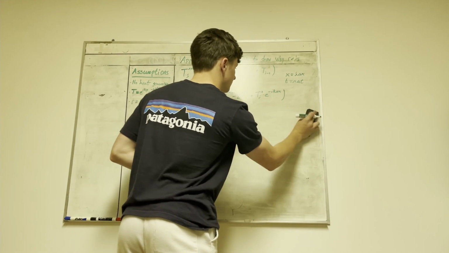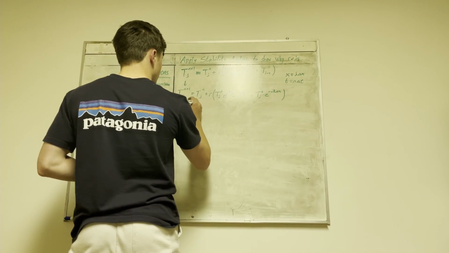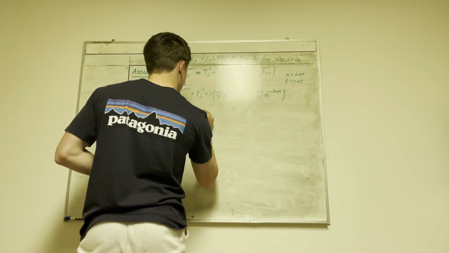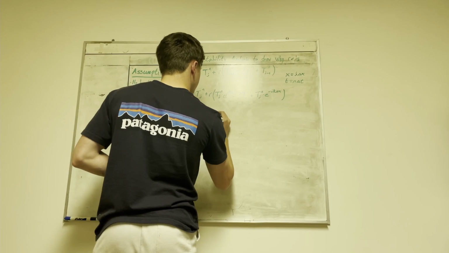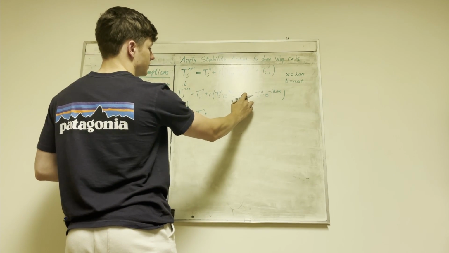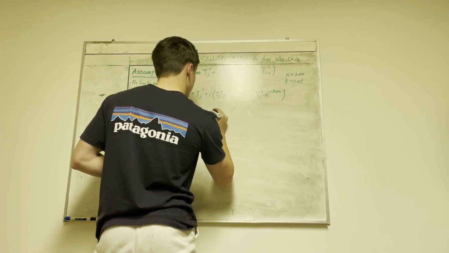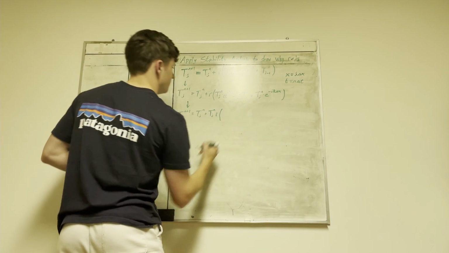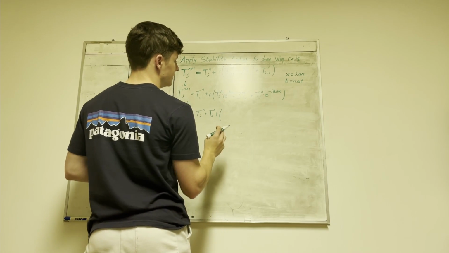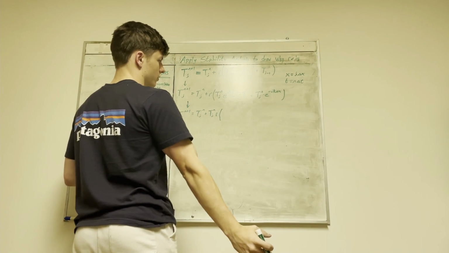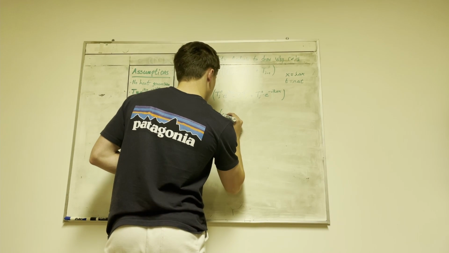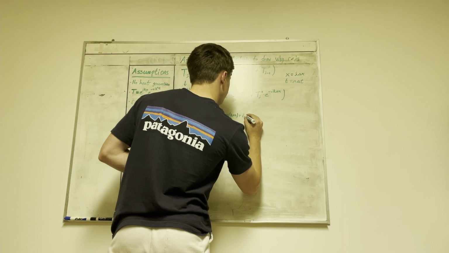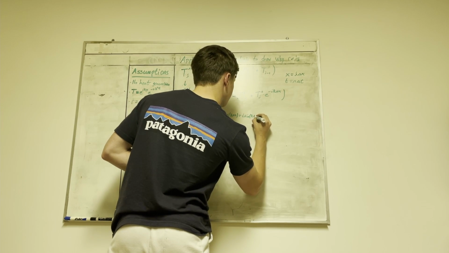So then we have, bring this down, and we'll factor out the T j n, times r. And then we have e to the ik delta x. So using our Euler's equation, it'll end up equaling cosine of k delta x plus i times the sine of k delta x.